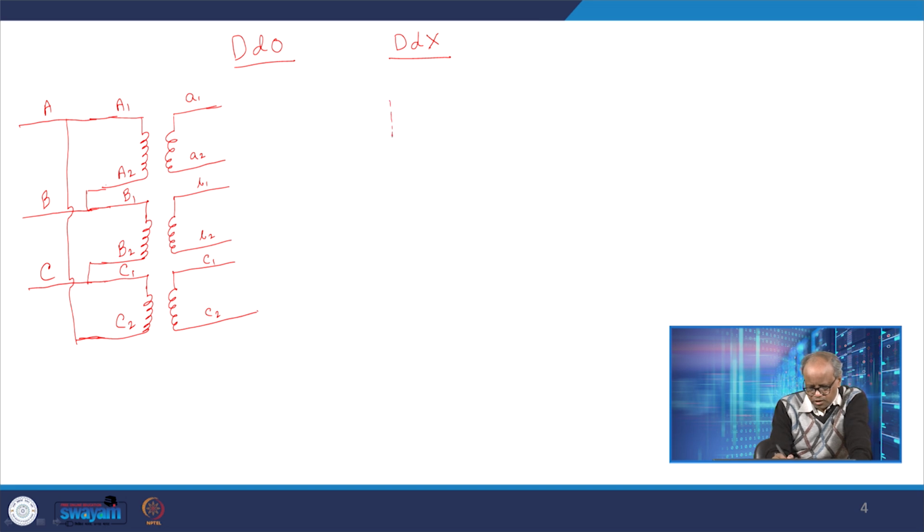In the phasor diagram this is A, B, C. Now from this connection I can say that B is the interconnection of A2 and B1.